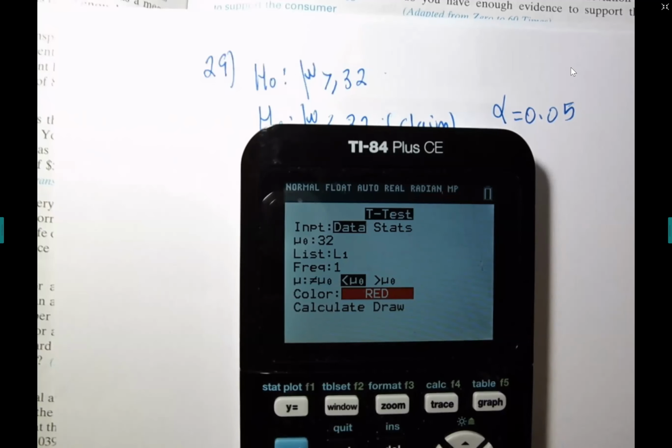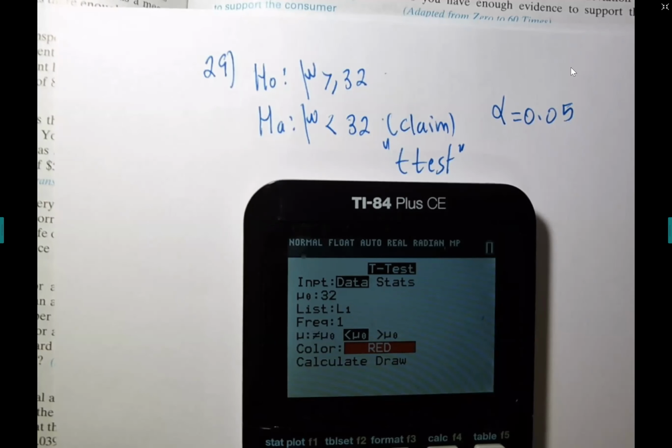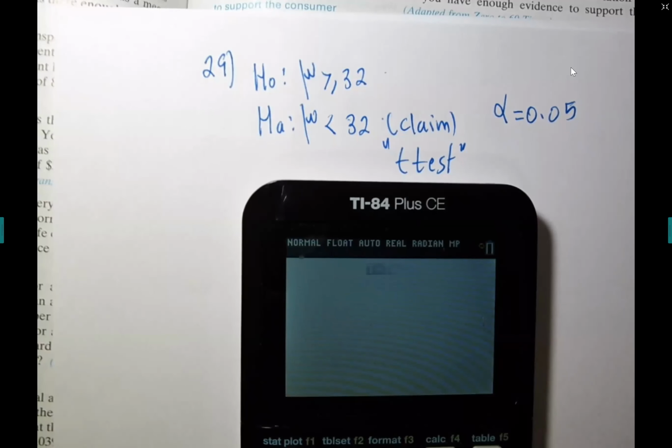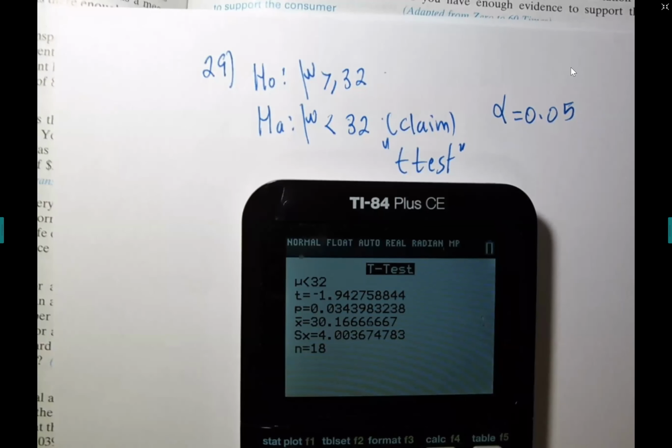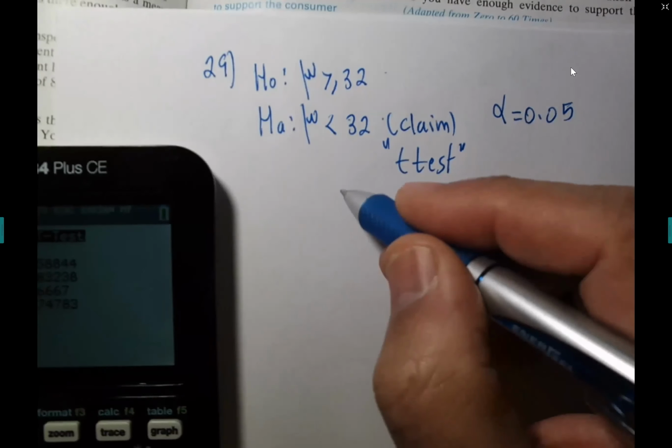And what goes in here, guys? Before I hit calculate or draw, first, second, or third? Second. Second. And I agree, guys, with you. And then hit calculate. And here you go. So here we choose input.